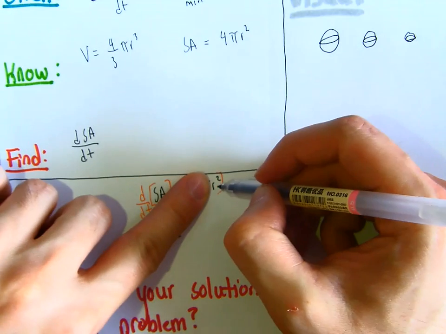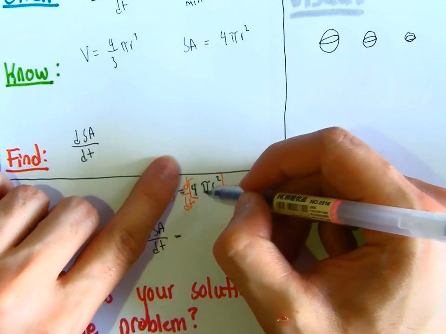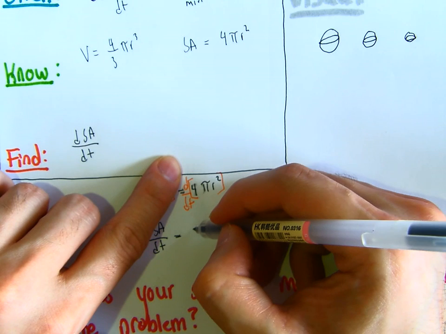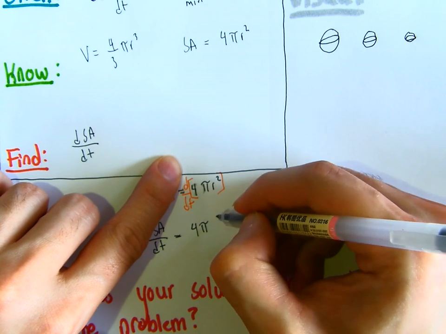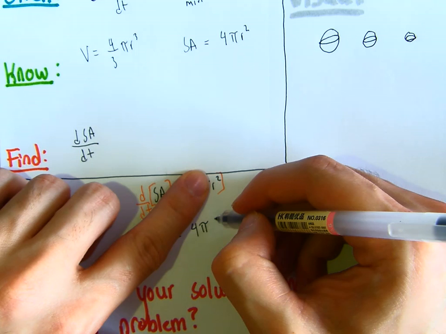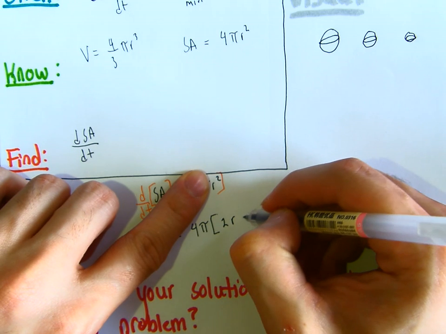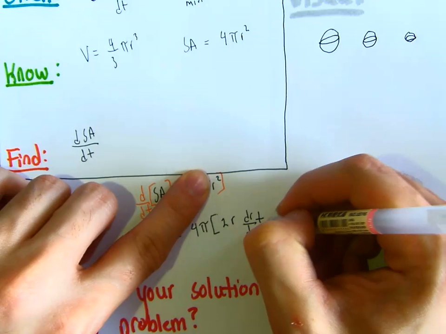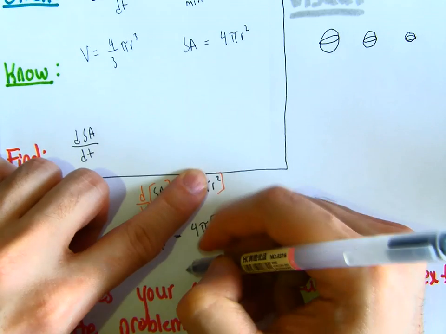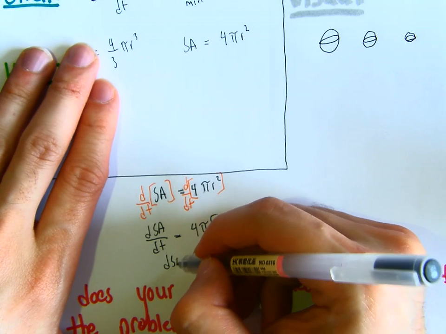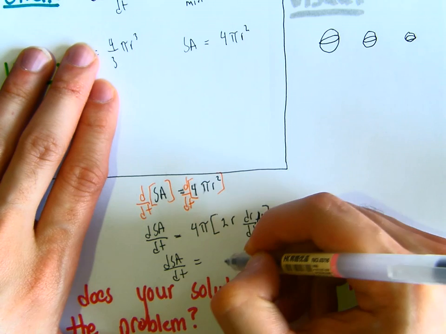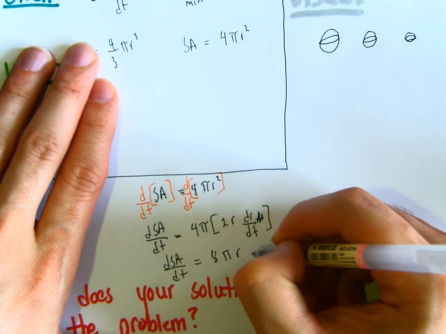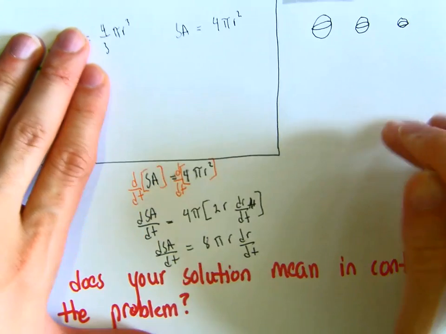So what's the derivative of r squared? We're going to multiply by 2. So if you have 4 pi, and then we take the derivative of r squared, that's 2 times r dr dt. That's the same as d capital SA dt is equal to just 8 pi r dr dt.